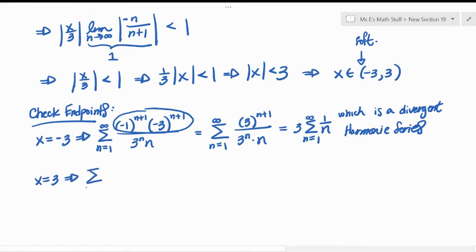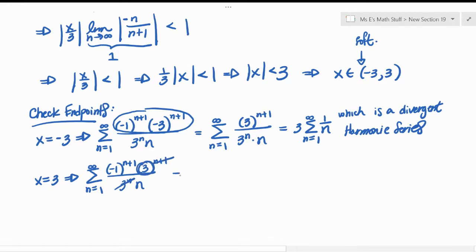When x is 3, we're going to get the sum as n goes from 1 to infinity of -1 to the n plus 1 times 3 to the n plus 1 over 3 to the n times n. Now on this one, I decided to cancel some of the 3's here. And so you'd have these 3's canceling out all but one of these 3's.